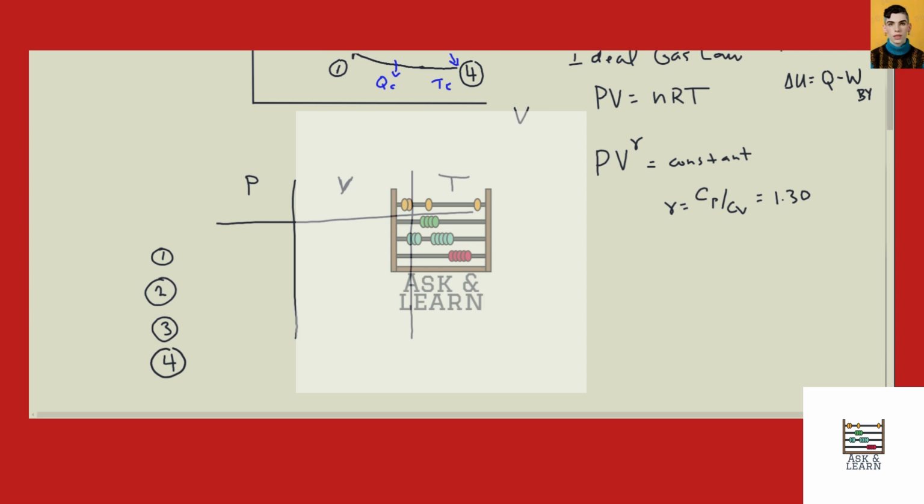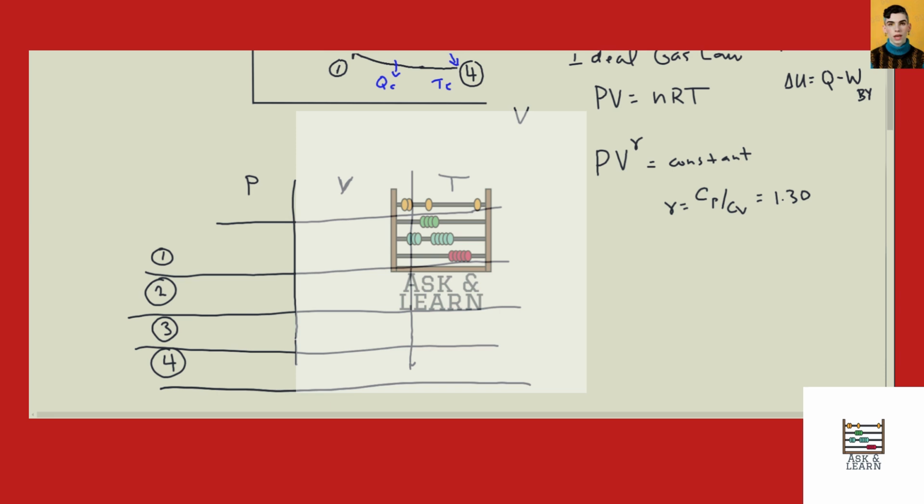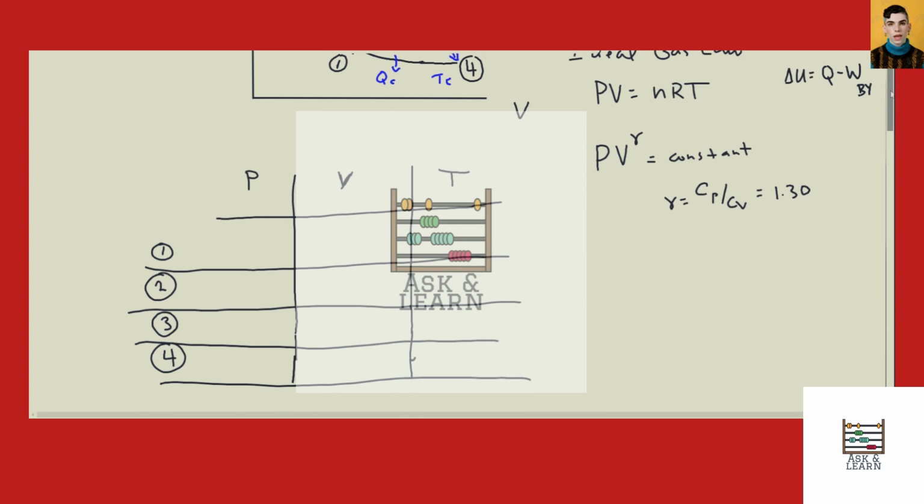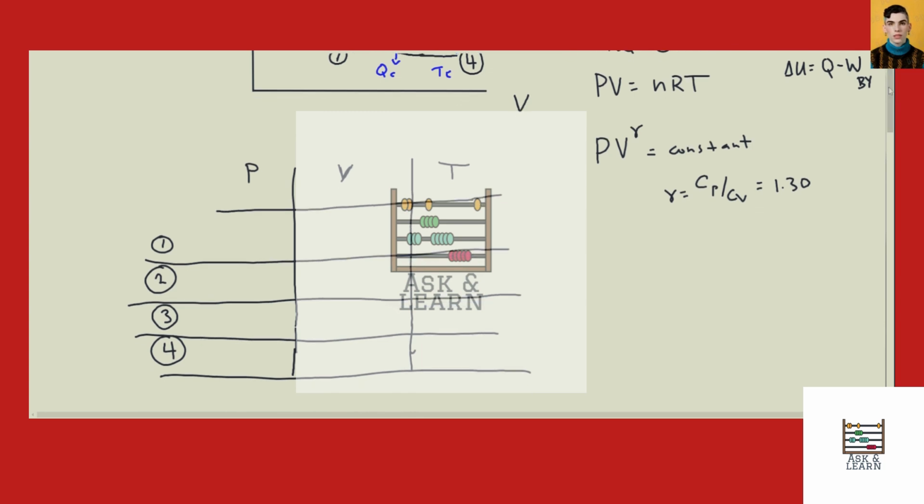Now, this problem is challenging because they don't give us outright numbers, but they provide clues as to what's going on with this particular sample, to put it mildly. And so the first thing they tell us is that there's the ambient environment that the particle is interacting with at point 4.